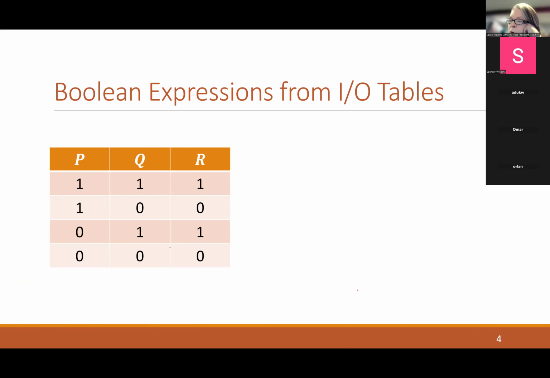Okay, so we want to create a Boolean expression from those. If you'll recall, the Boolean expressions are the ones where we have P and Q and so forth, right?